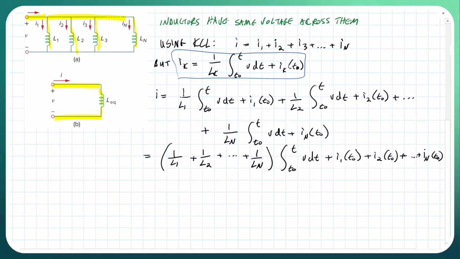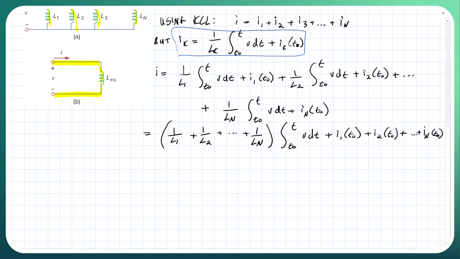Then we're going to rearrange and simplify this some more.